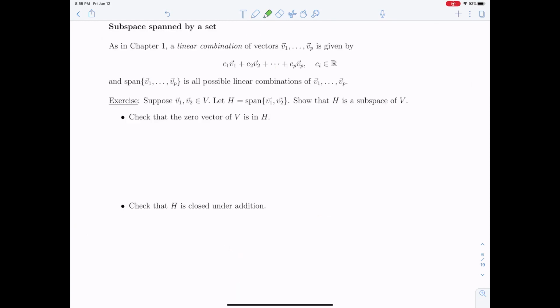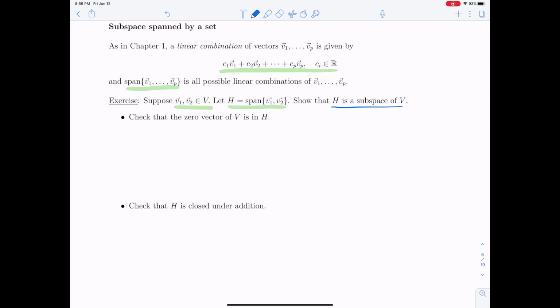Now, a linear combination of vectors is given by this, which is very similar to what we did in chapter 1. And the span of these vectors is given by all possible linear combinations of these vectors. So basically, if you take two vectors, v1 and v2 from V, and if you let H be the span of these two vectors, then H forms a subspace of the given vector space.